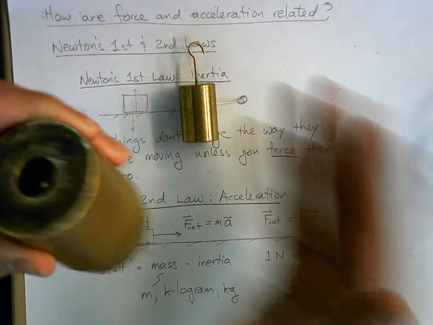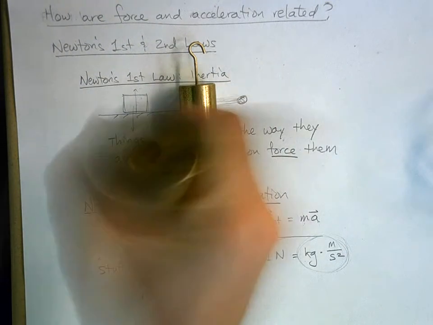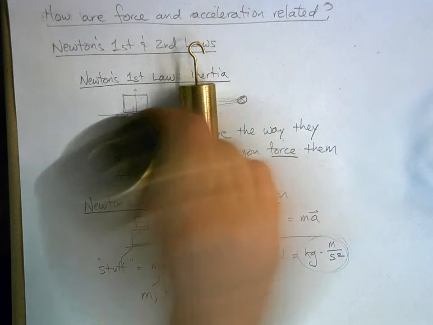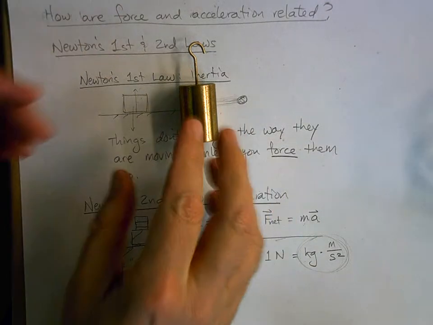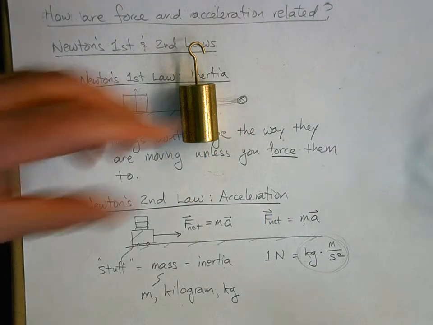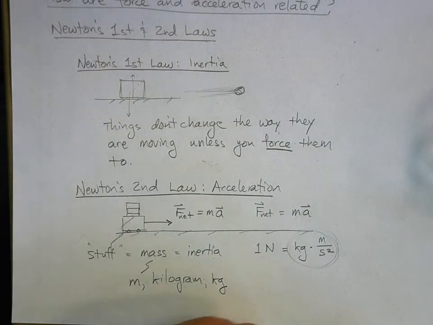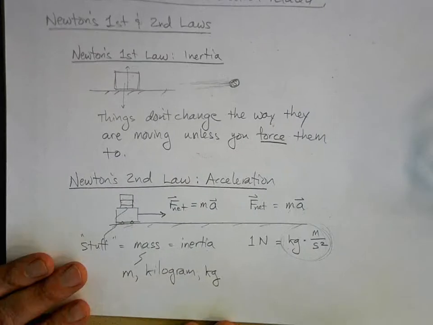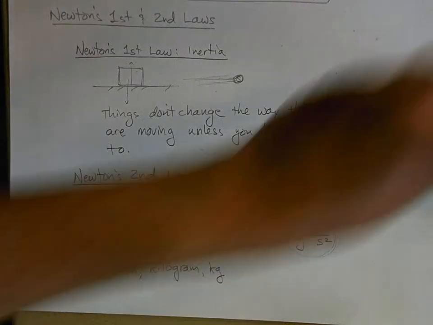But if I were to grab it and then shake it, it would feel just like this. It would be hard to shake. So it doesn't matter what planet you're on, or if you're in a zero gravity environment, it would be just as difficult to change its motion around.